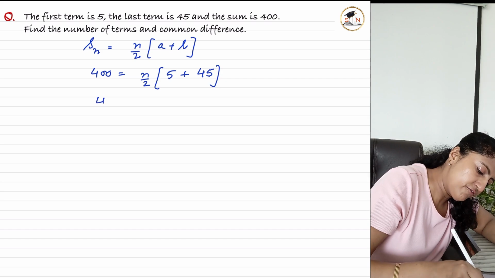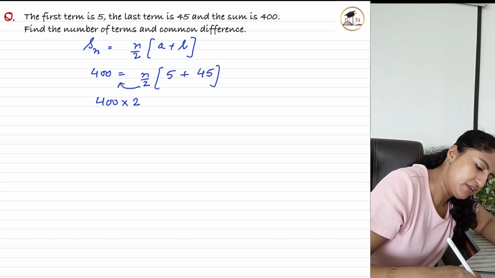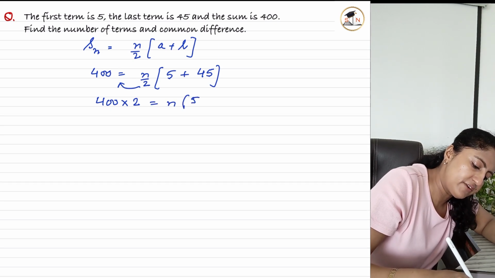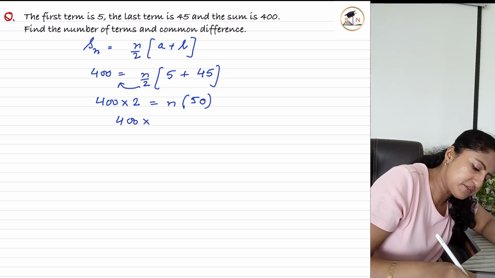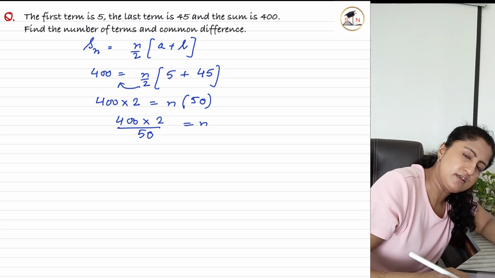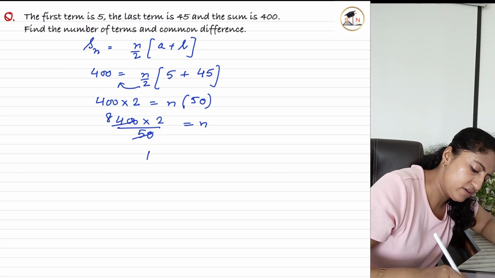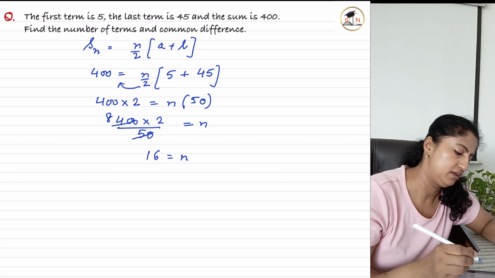Now 400 times 2, I took this 2 over there, equals n times 5 plus 45 is 50. So what do we get now? 400 times 2 over 50 equals n. Now, this comes out to be 8, and therefore, the value of n comes out to be 16.